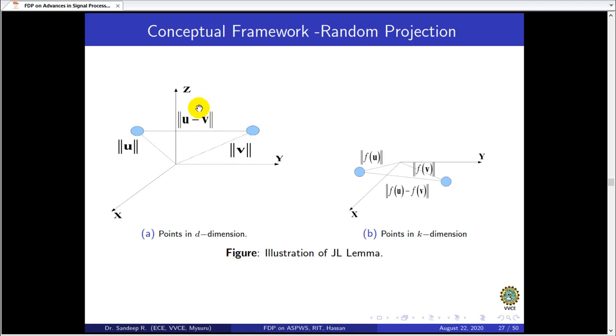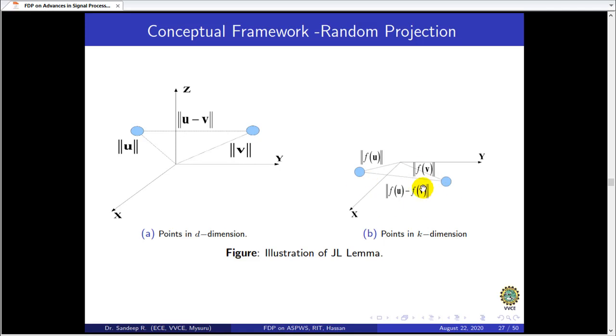Now I'll use the random projection technique to map these points in high dimensional space to low dimensional space, which are represented by F of U and F of V. The distance from the origin to the point U is represented by L2 norm square of F of U, the distance from the origin to the point V is L2 norm square of F of V, and the distance between these two is nothing but L2 norm square of F of U minus F of V. So approximately this and this are approximately the same.